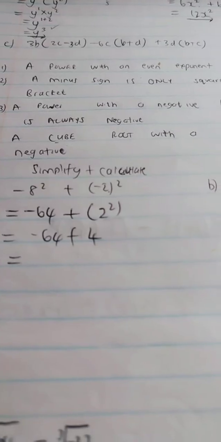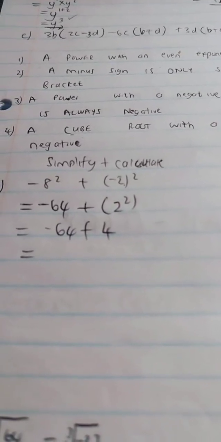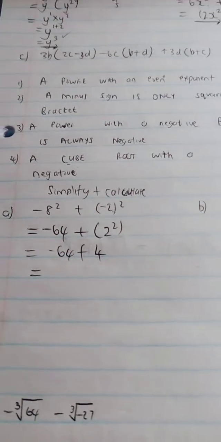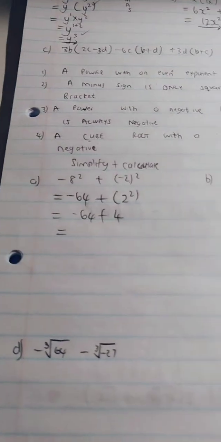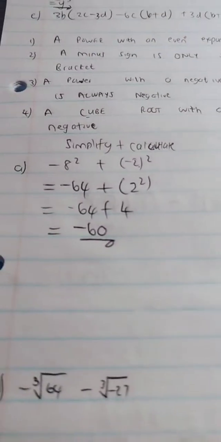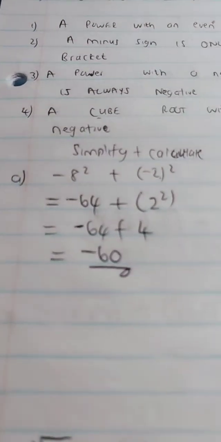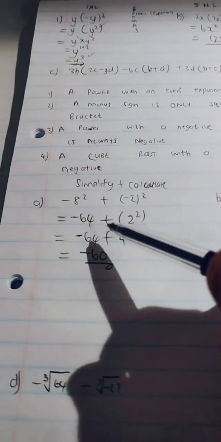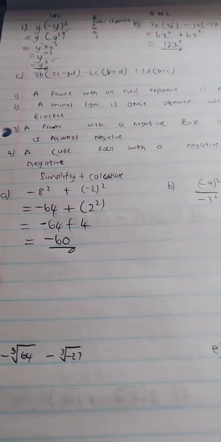Let's see who can find out what negative 64 plus 4 is. Be careful. Without the sign, that possesses the sign of the bigger number.